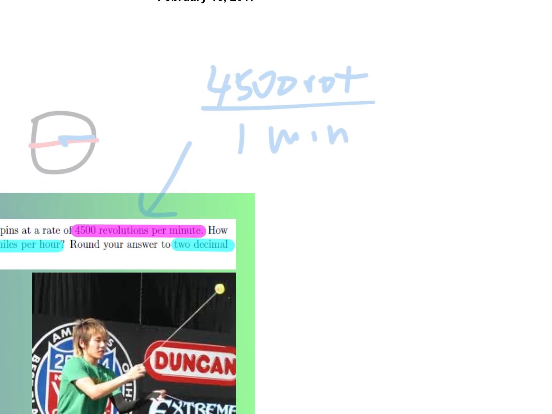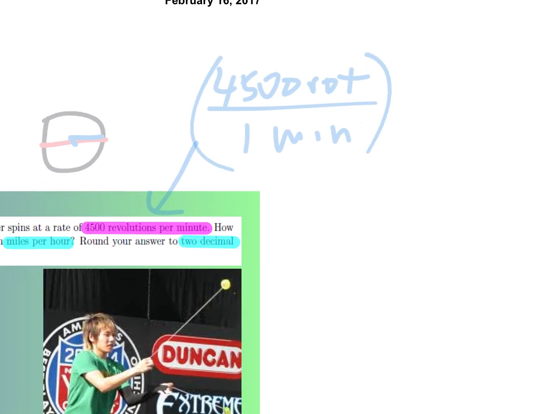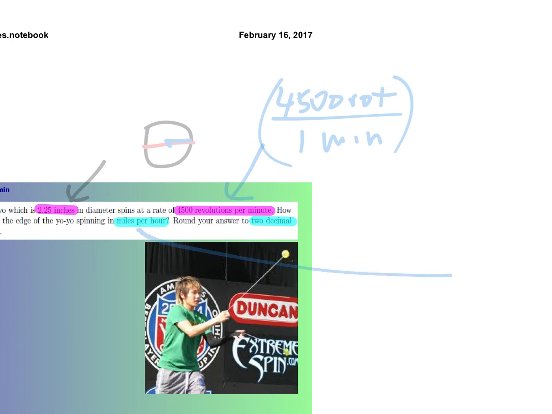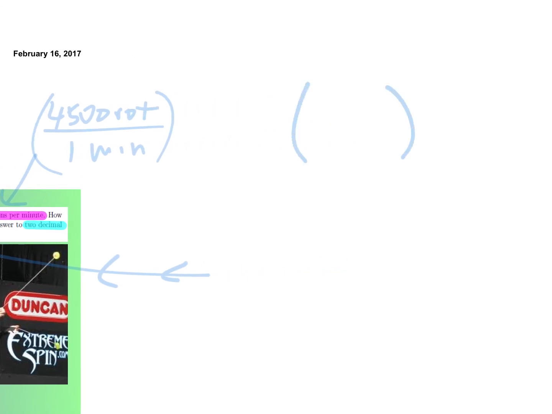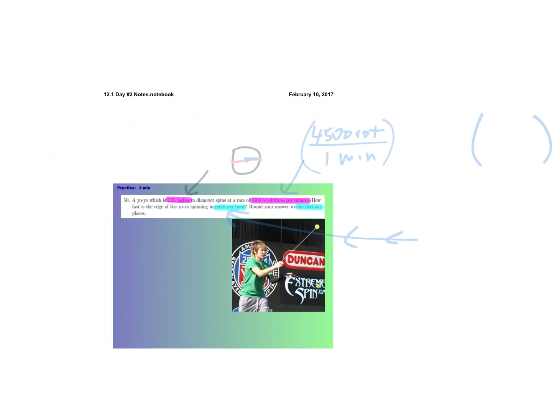And then I'd multiply by a whole bunch of things until it finally turned into miles per hour. Okay? And what's that key number that you always have to have memorized? 5,280. At some point in here, you'll be multiplying by 5,280 feet per 1 mile.